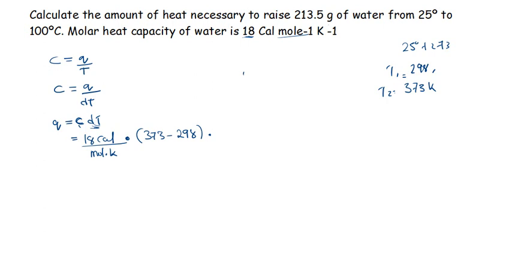We have been given 213 grams of water. What is the molar mass of water? It's 18. So I'll put 213 over 18. This will result in 2 moles. So we can see this mole and this mole go, and this temperature and this temperature also go. It's just a matter of multiplying, and you have calories.